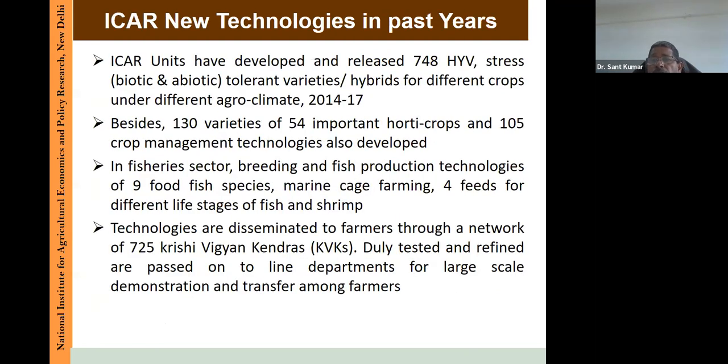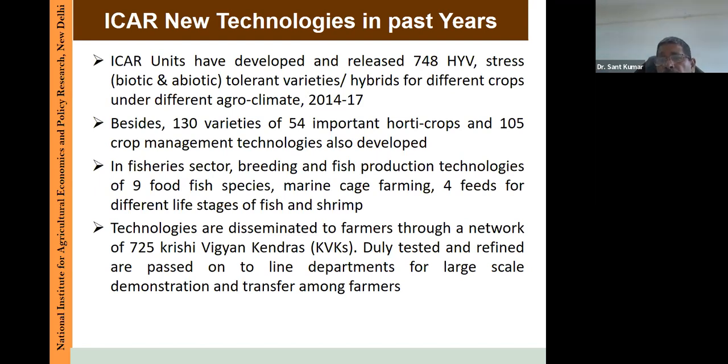So ICAR units in the past few years have developed a number of technologies: high-yielding varieties, stress-tolerant varieties, and hybrids for the different agroclimatic zones.